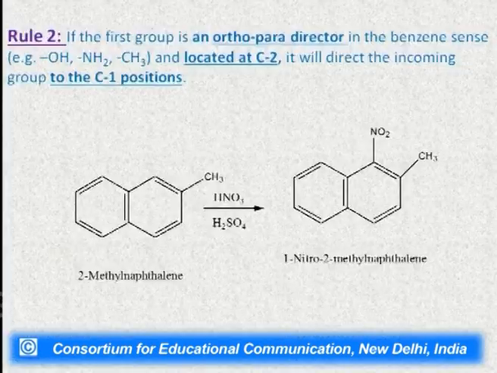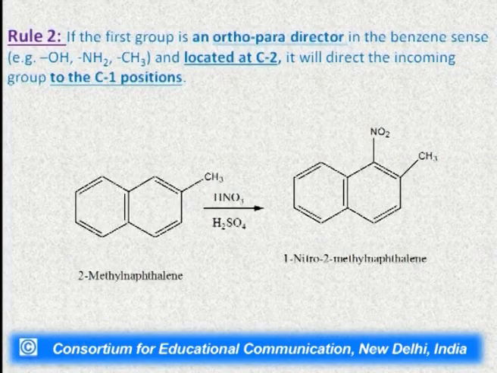In rule 2, if the first group, an ortho-para director in the benzene ring, is located at C2, it will direct the incoming group to the C1 position. As you can see in the reaction, the methyl group, which is already present in the naphthalene ring, is present at carbon number 2, and after nitration the incoming group will come at carbon number 1.